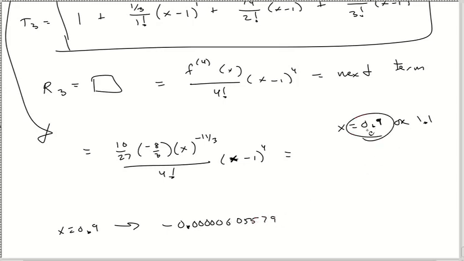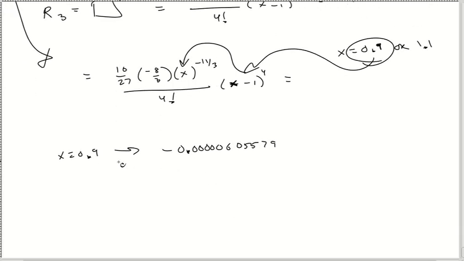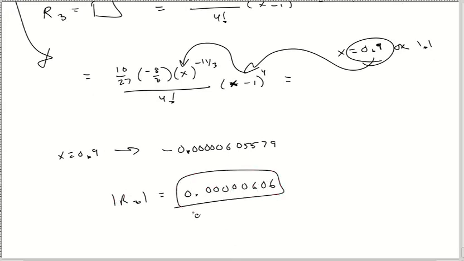So I just took this 0.9 and plugged it in right there, and right there, and right there. And I got this. They want the absolute value of it, technically. And so your final answer is actually 0.0000606. And they accepted that. And I have a little thing here that says repeat a lot, because apparently you're going to have to do that a couple more times.